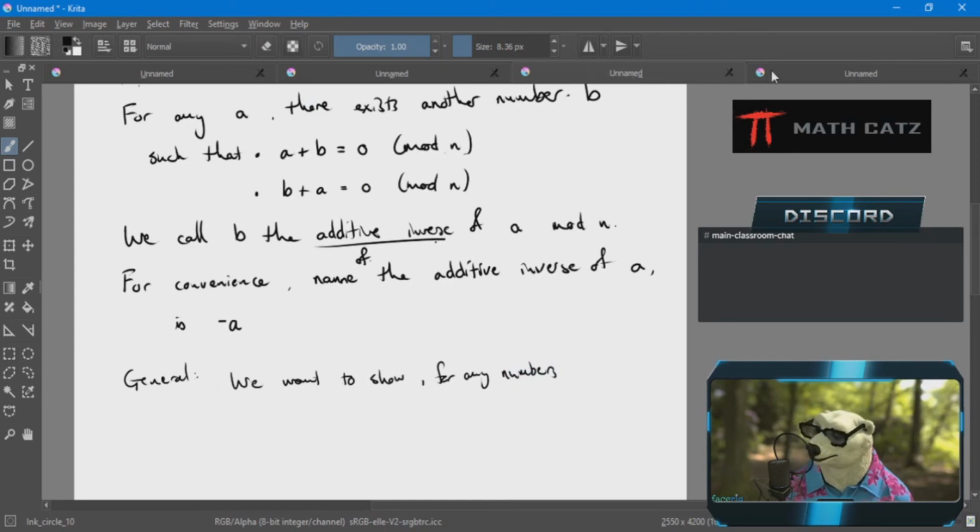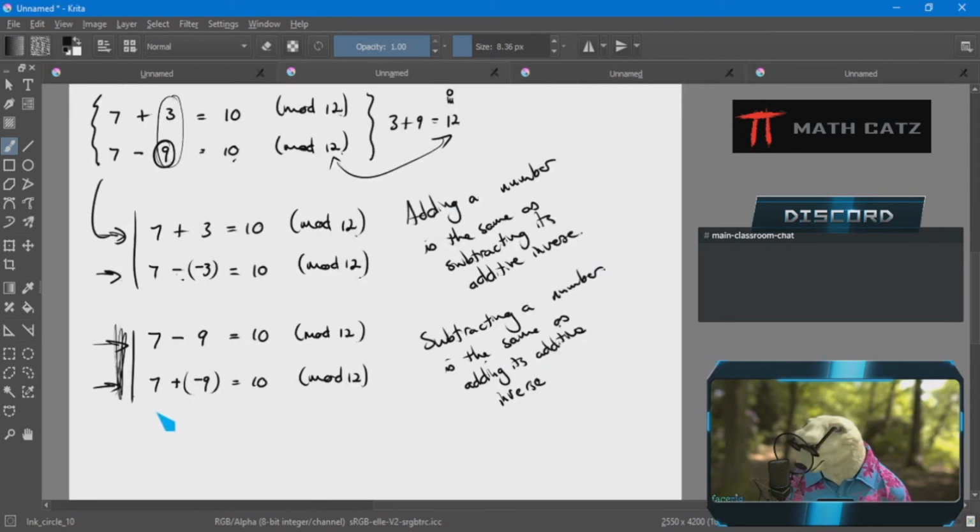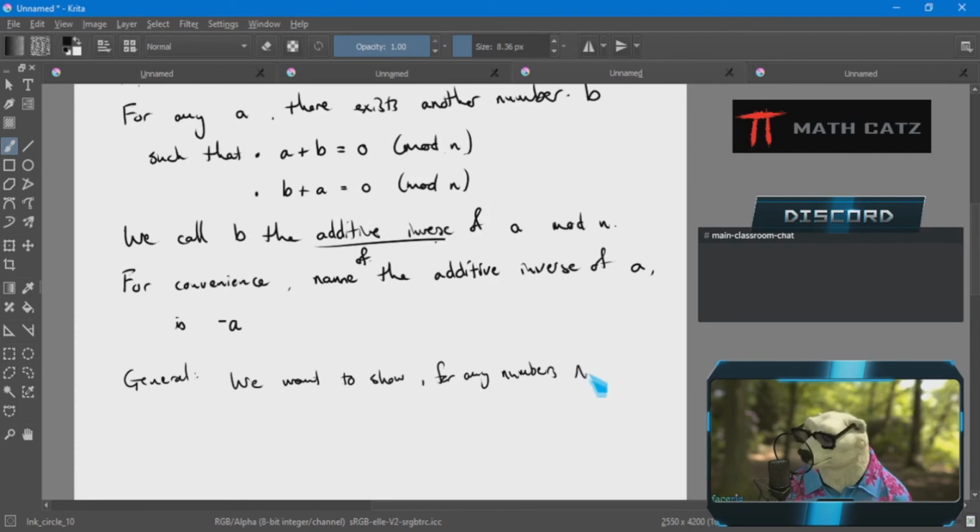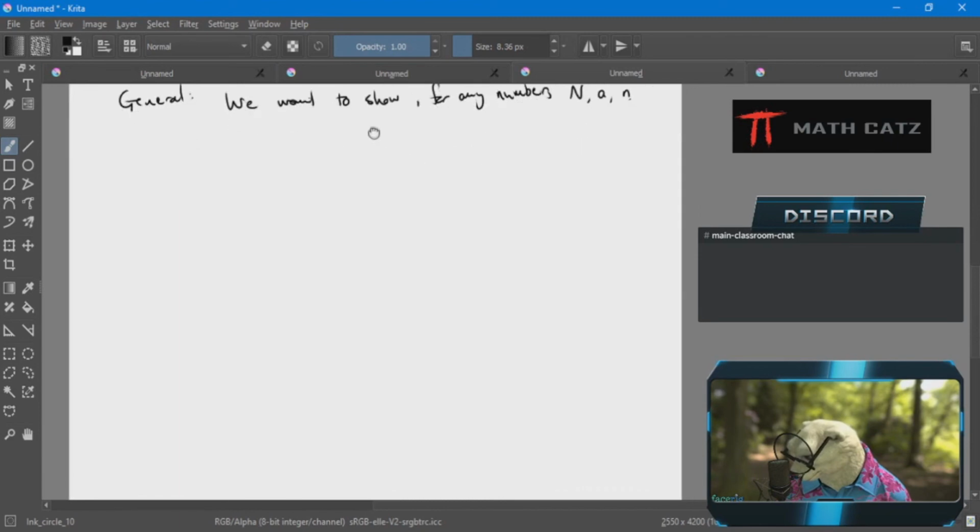Let's call this number big N, it doesn't matter, and let's call this one A. Numbers N, A, and little n, of course, my modulus.